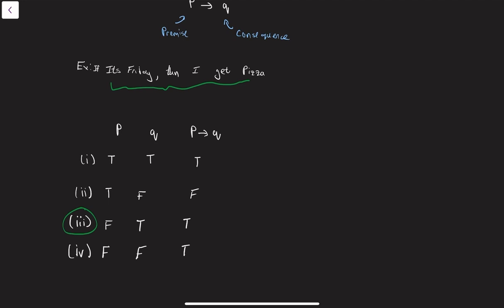So the only time it is false is if P is true and Q is false. Then the material conditional is false.